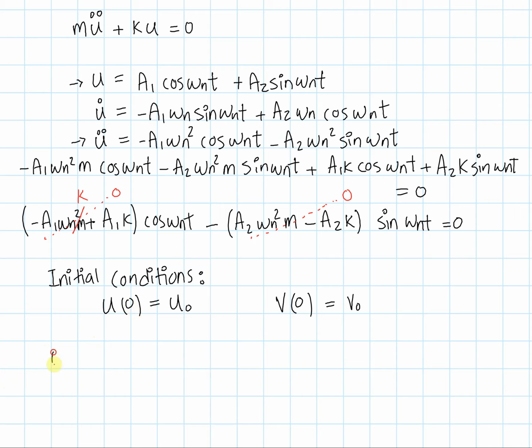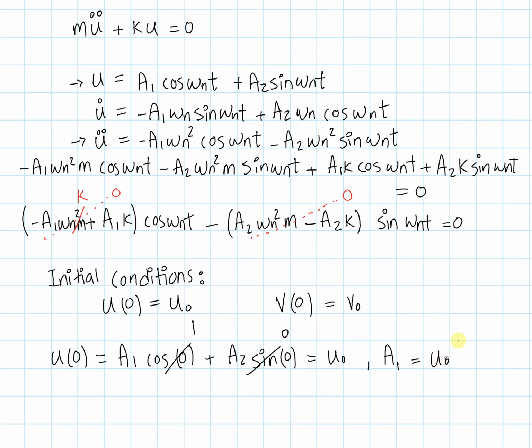So I want to say u of 0, from the first equation, is equal to a1 cosine 0 plus a2 sine 0 is equal to u naught. And because sine 0 is equal to 0 and cosine 0 is equal to 1, a1 in this case is going to equal u naught.